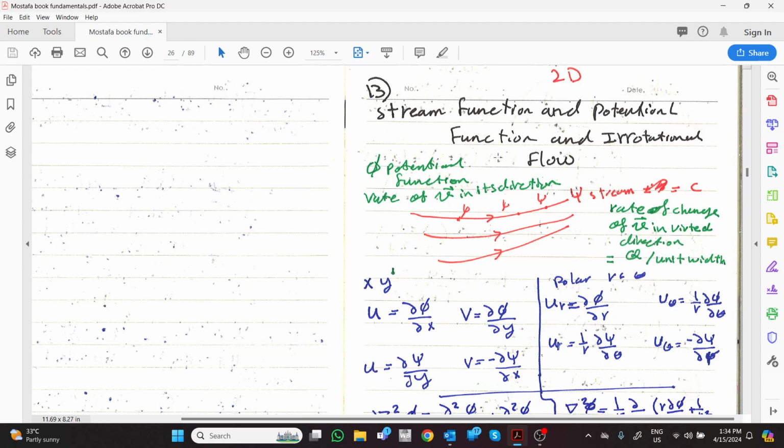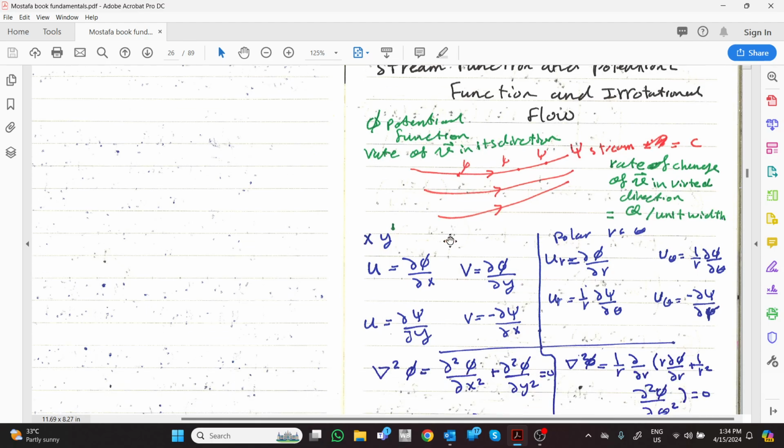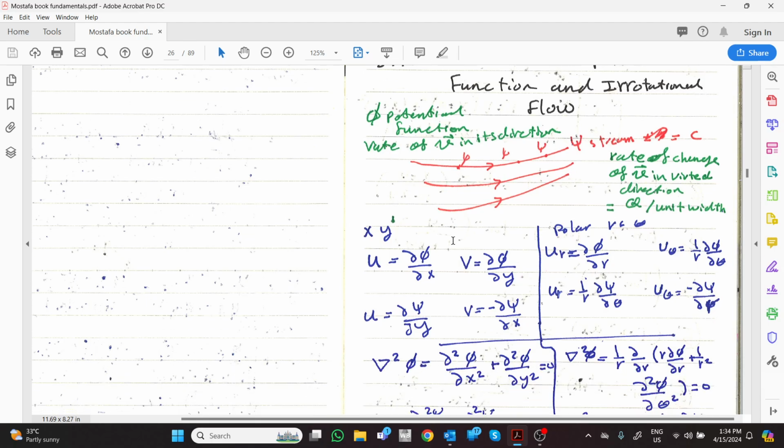The velocity potential function's definition is the rate of change, describing the velocity with its direction.